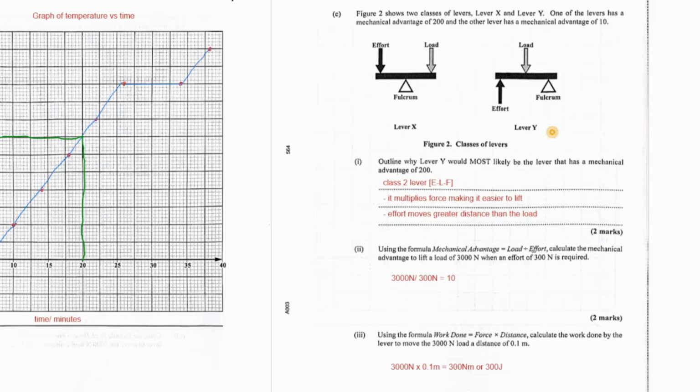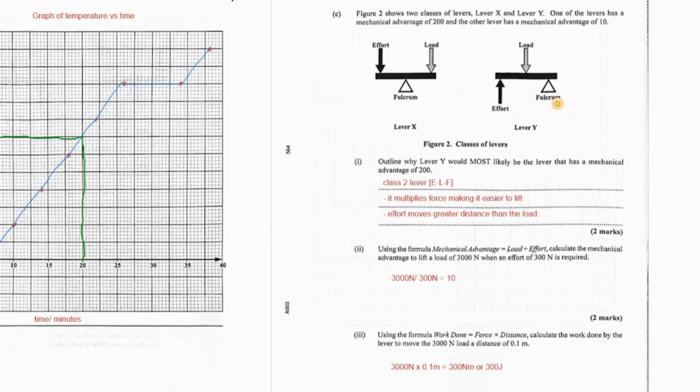Now, looking at the two, you should be able to say, okay, well, the effort is at the bottom, the load is at the top, you have the fulcrum on the end. While for X, you have the effort at one end, the load on the other end, and you have the fulcrum in the middle.